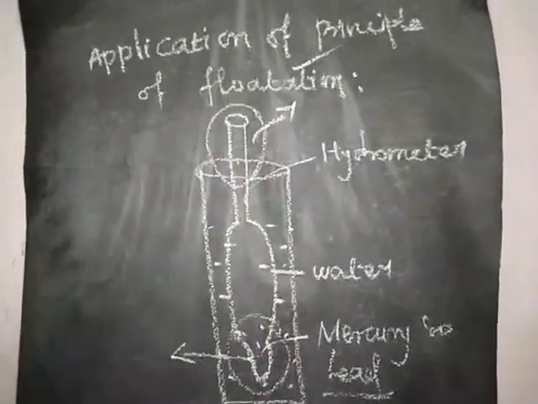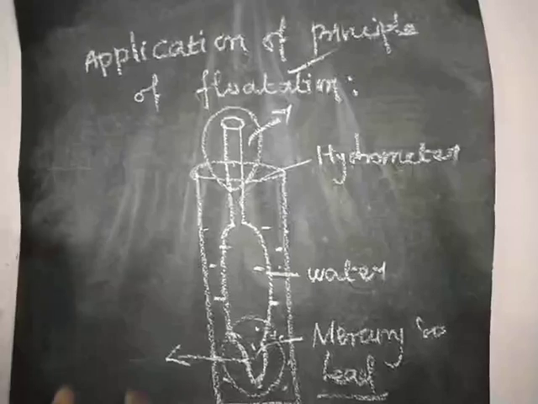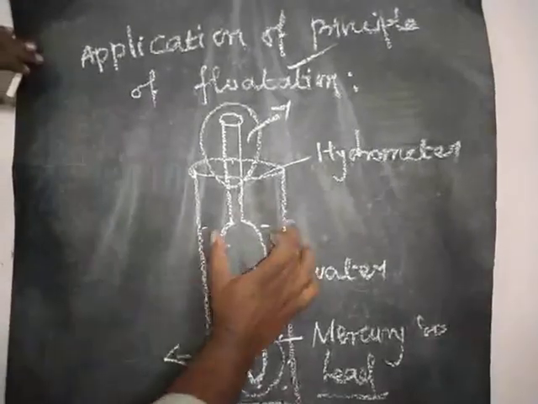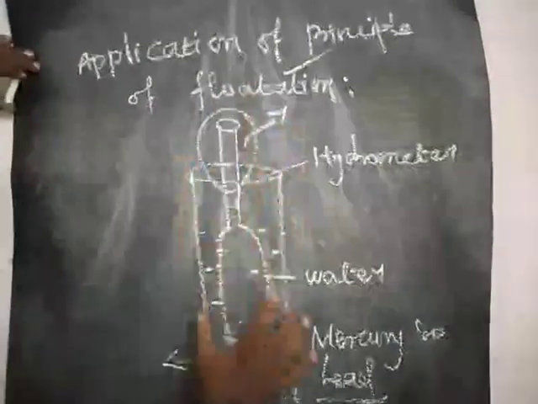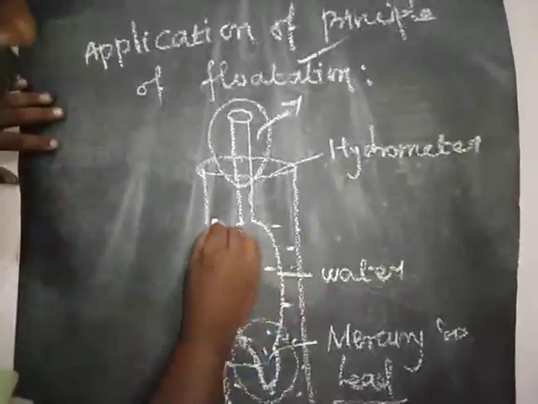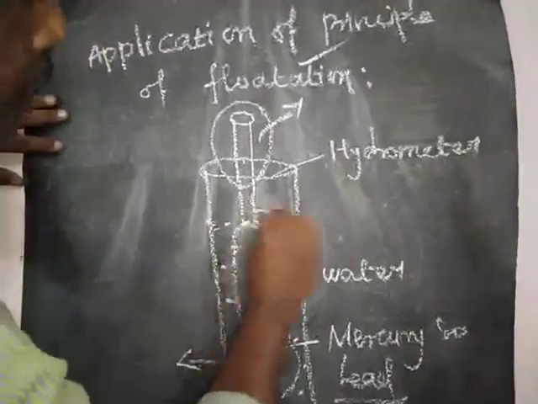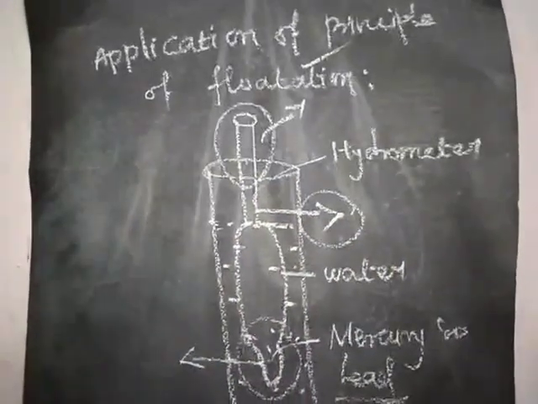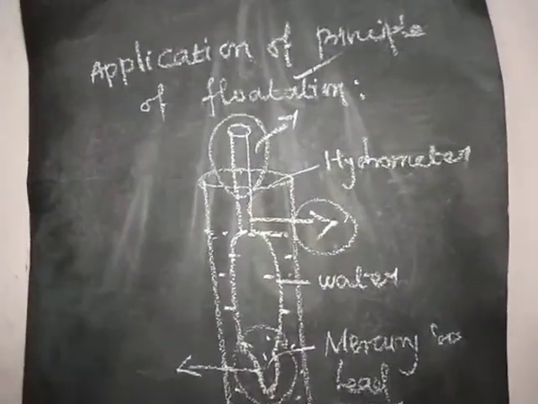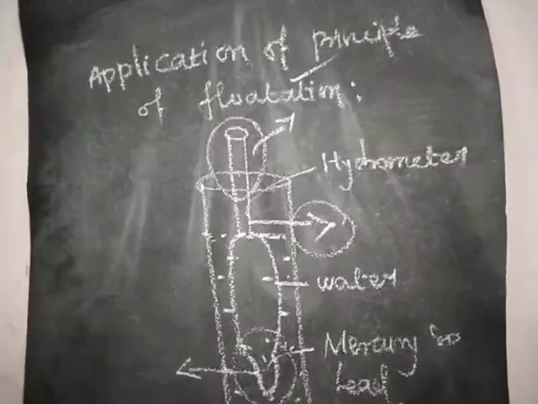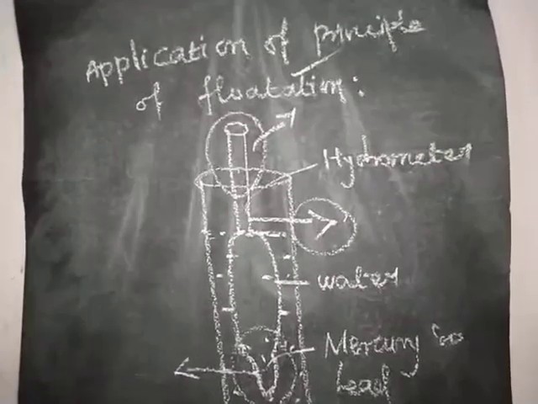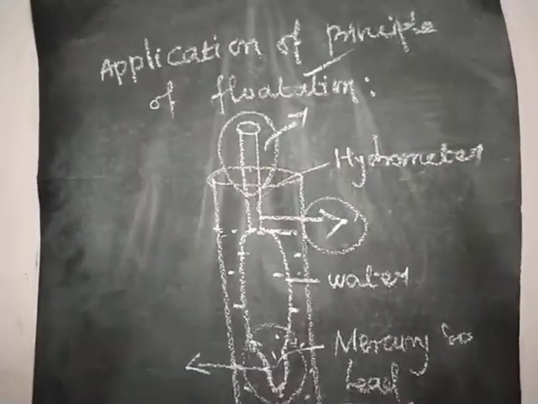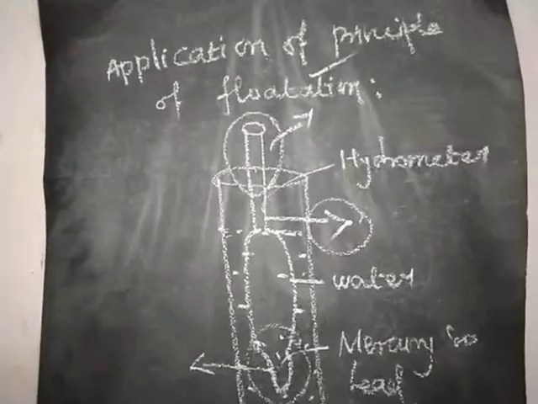Next we measure the reading up to which the liquid touches the tube. Suppose the liquid level touches here. This is the reading of the density of the given liquid. The reading against the level of liquid touching the tube gives the relative density of the liquid.